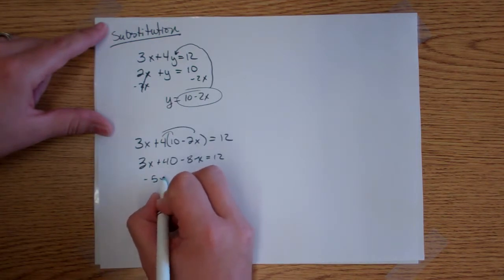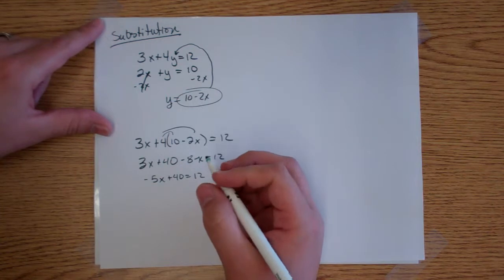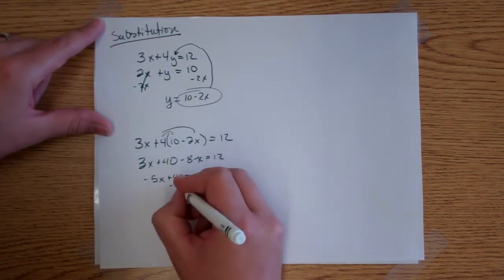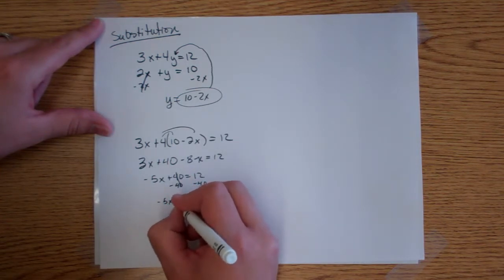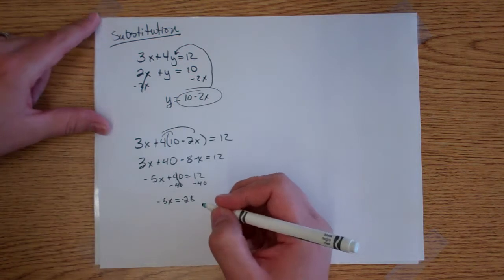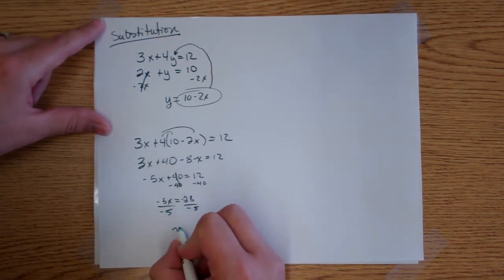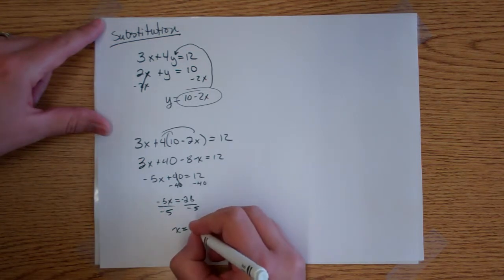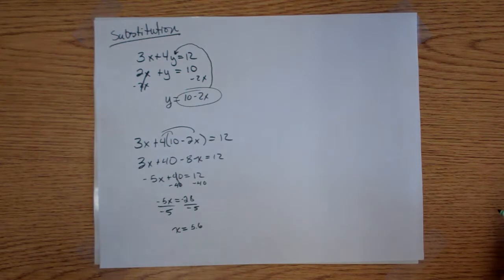This is negative 5x plus 40 equals 12. Minus 40 from both sides: negative 5x equals negative 28. Divide both sides by negative 5, and you get x equals 5.6.